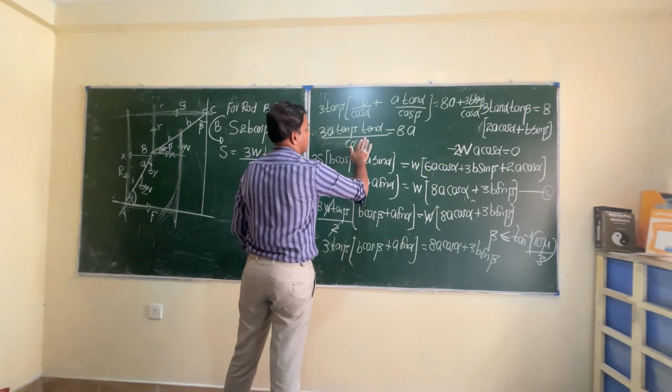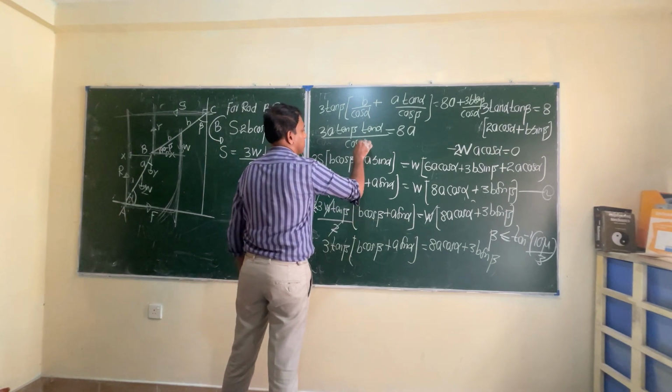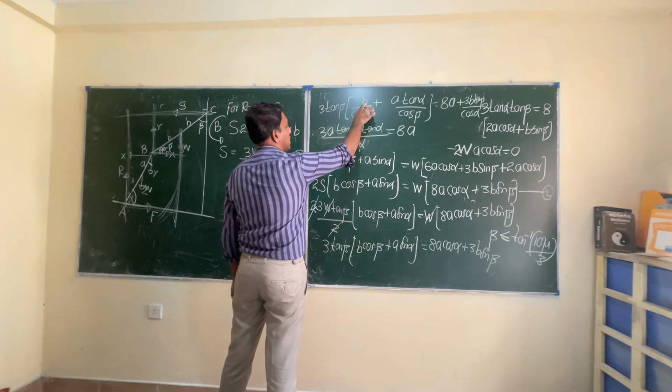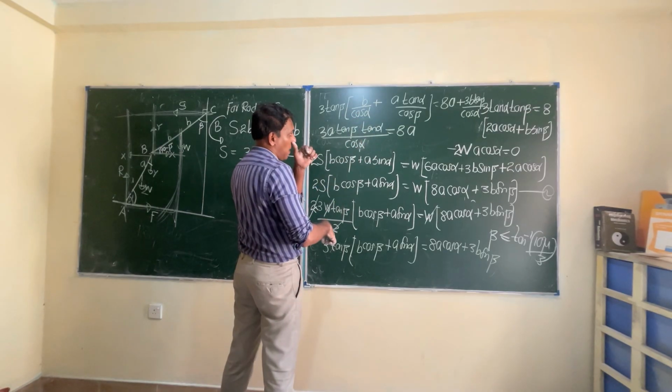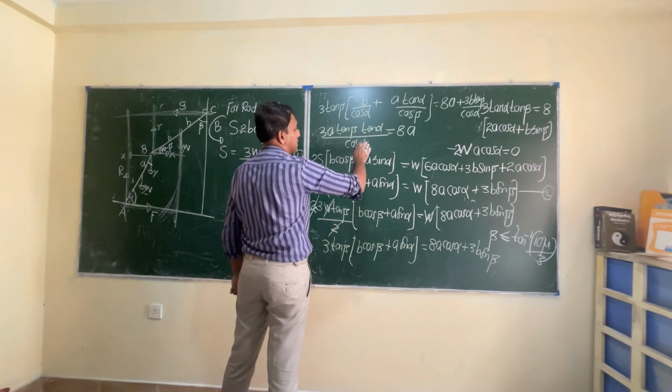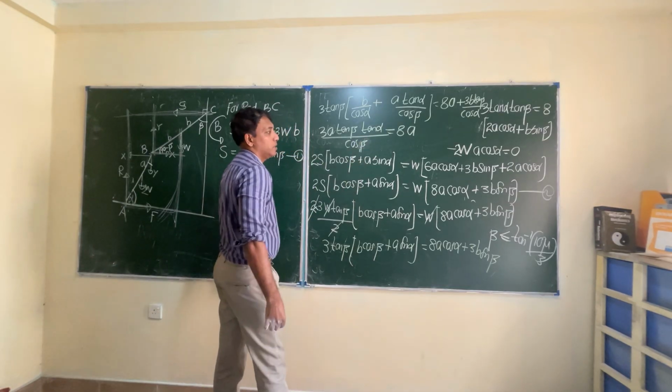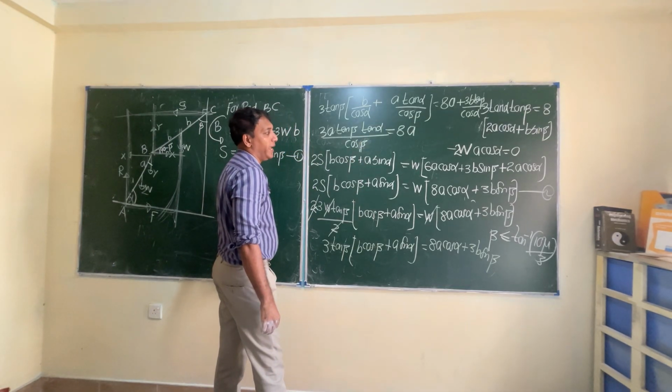Cos alpha multiplied by 3b tan beta cos alpha. There is a cancel there, okay, equals 8a.